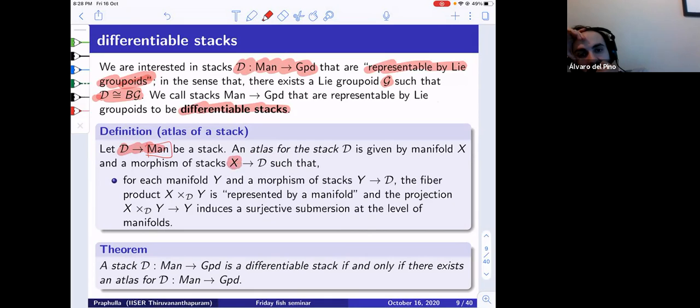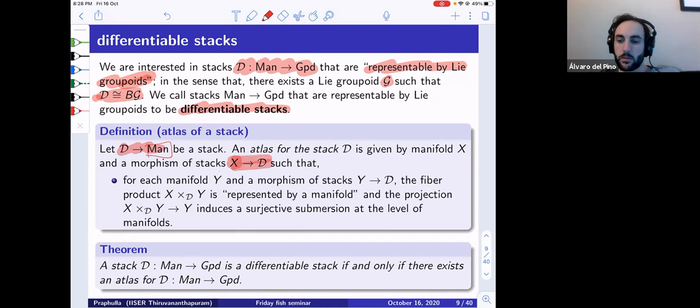So X is simply a manifold which I'm treating as a stack. As I mentioned before, any object can be treated as a stack if the category has a nice subcanonical topology. Here that is the case.